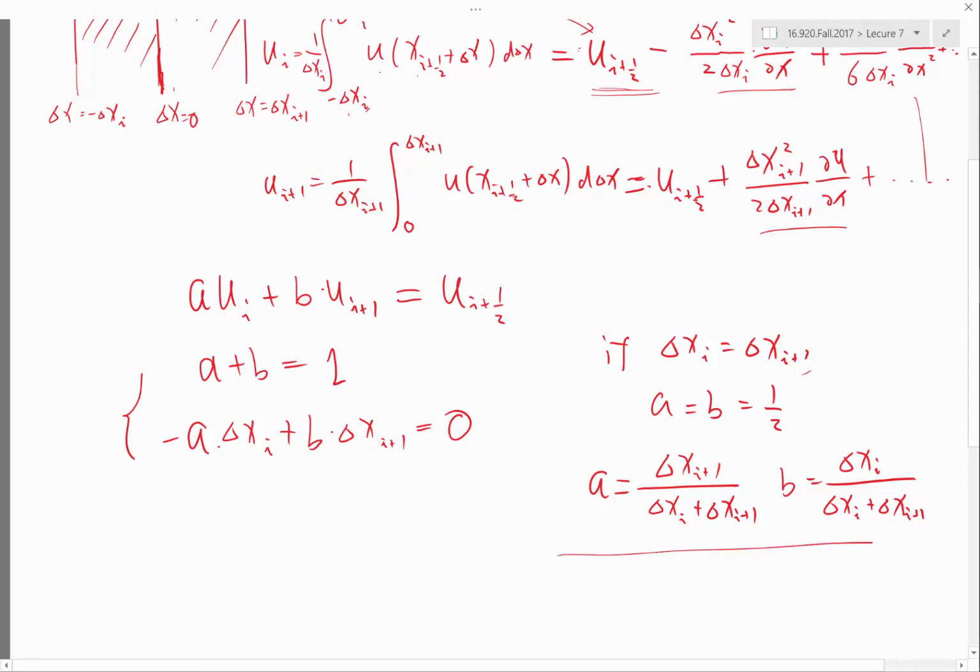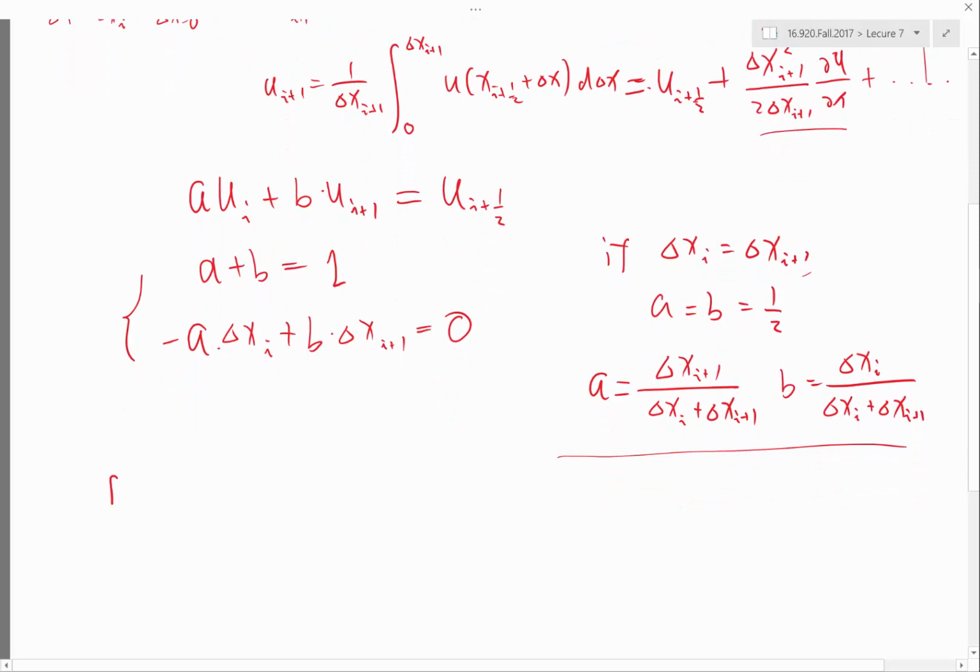So if we use this scheme, we are going to be approximating my f at I plus half using, there are two different approaches, either what I'm doing here, which is taking the function f evaluated on a weighted average of ui and ui plus 1, right?